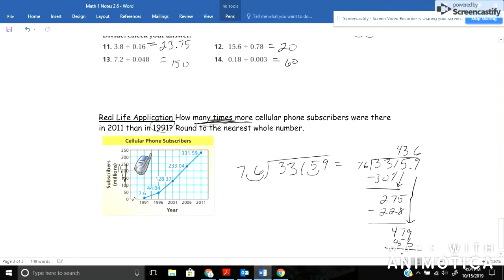Subtract, get 23. And one thing I forgot to do, hopefully you caught it, was I didn't bring my decimal up right away, so I'll do that right now. So I get 43.6, and remember in the question it said round to the nearest whole number, so I'm going to stop dividing right here, and 43.6 would round to 44.